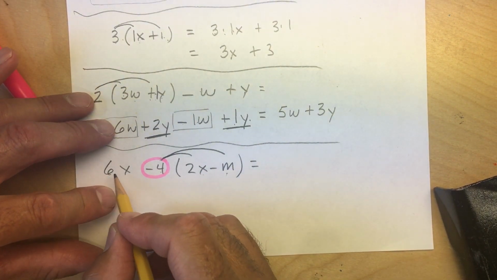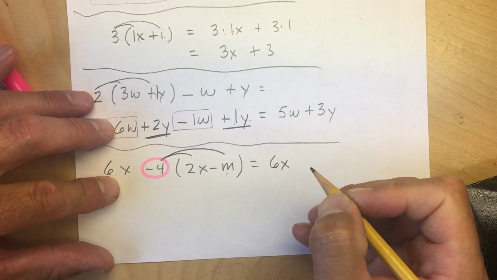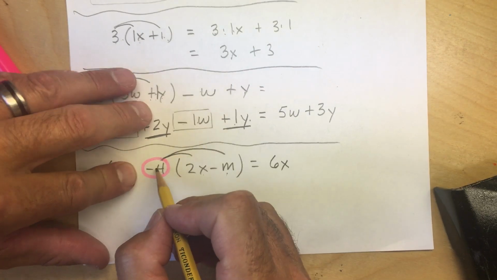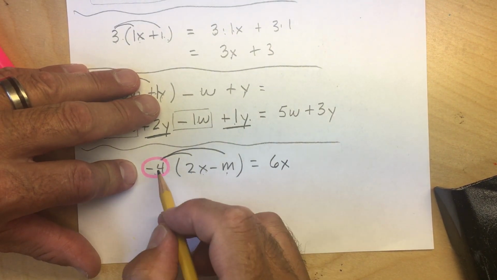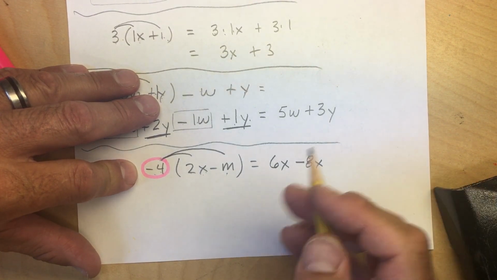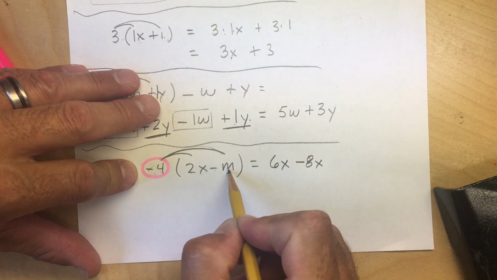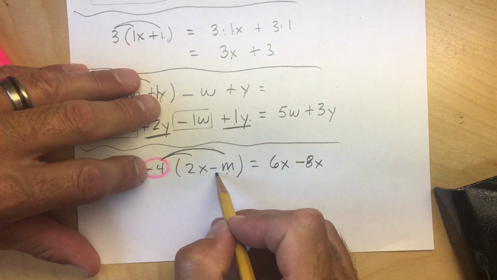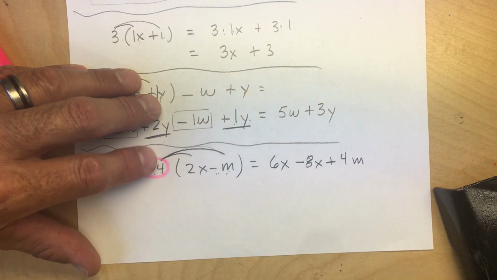So I'm going to take the 6x and I'm going to write it over here, 6x. And now I'm going to distribute this. Negative 4 times 2x is negative 8x. And negative 4 times negative m. All right, negative times negative is positive. And then we got the 4m.